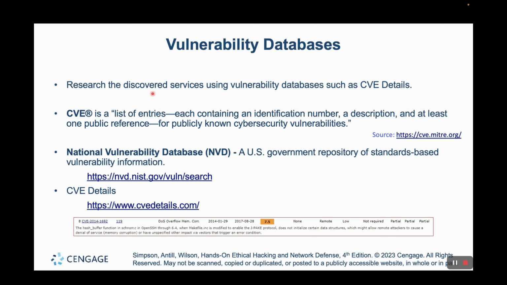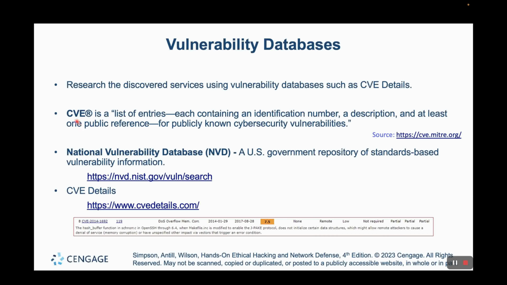I mean, obviously, the next part, after you discover those vulnerabilities using tools, which I will show you later on, is to research and discover services using a vulnerability database, such as CVE details. CVE stands for Common Vulnerabilities and Exposures, which is a publicly available database that provides standardized identifiers for publicly known vulnerabilities.